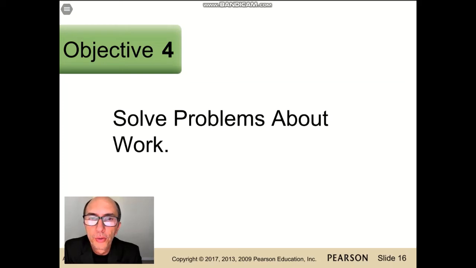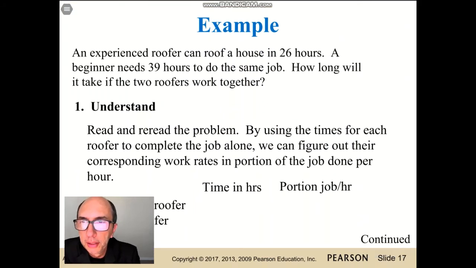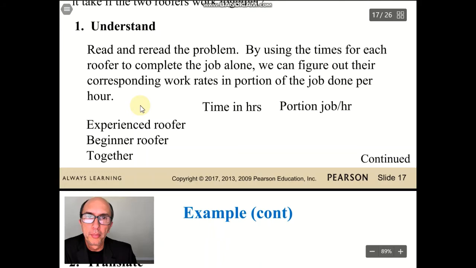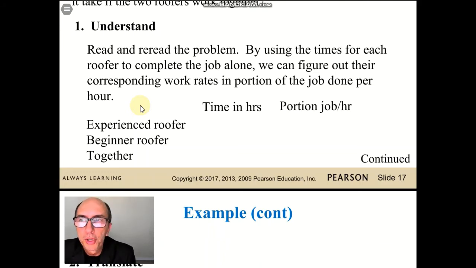Objective 4, solve problems about work. Let's go straight to an example. If we have an experienced roofer that can roof a house in 26 hours, a beginner needs 39 hours to do the same job. How long will it take if the two roofers work together? So read and reread to understand the problem. By using the time for each roofer to complete the job alone, we can figure out the corresponding work rates.